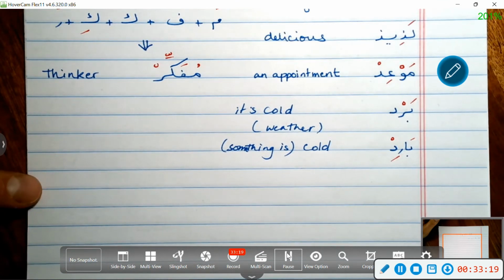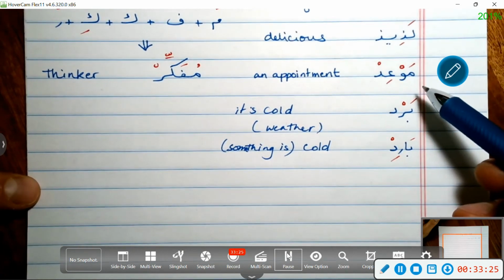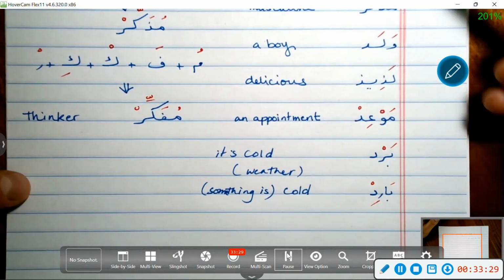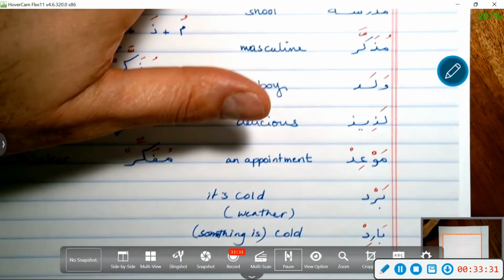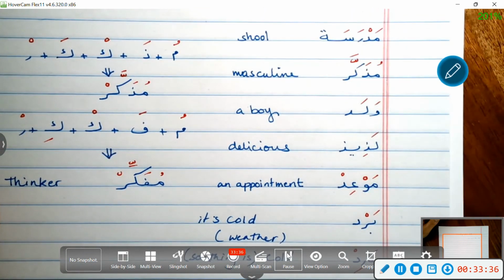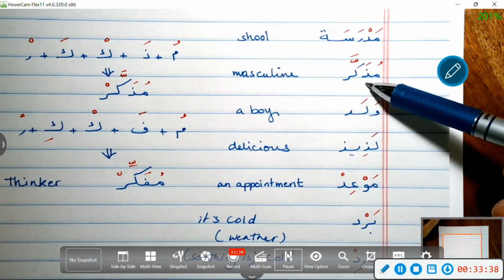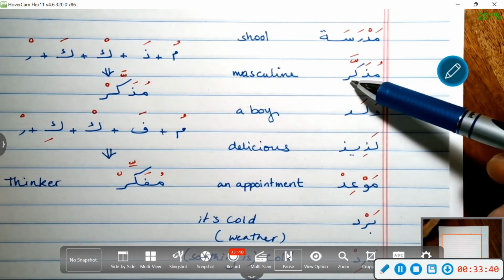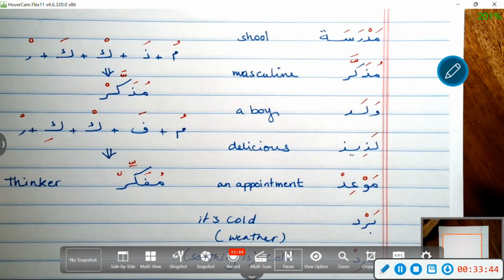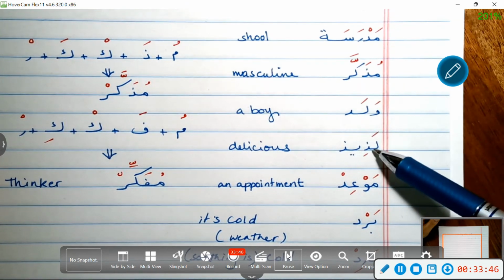And as we see here, dal in madrasa is connected from the right side, but not from the left side. Dal, same thing, connected from the right side, not the left side. Walad, dal at the end, connected from the right side. Ladid, the first dal is connected from the right, not from the left.